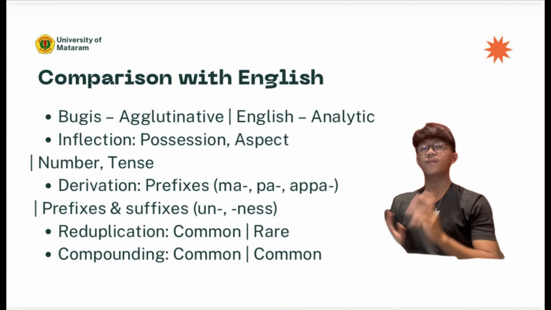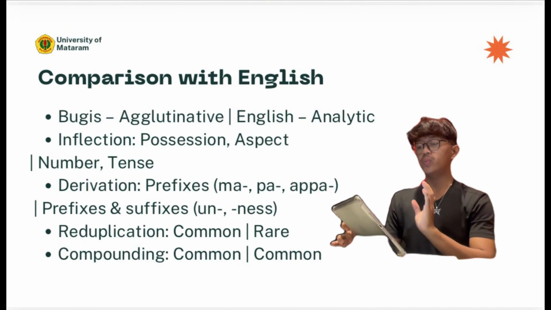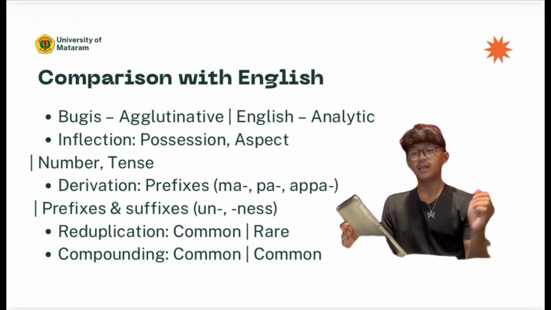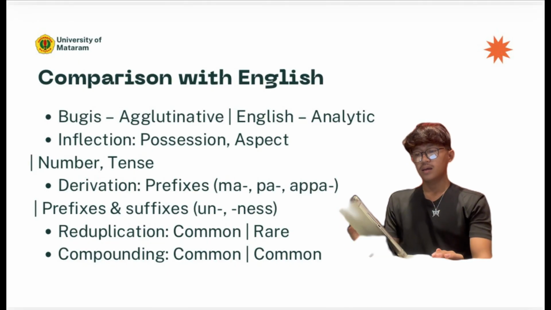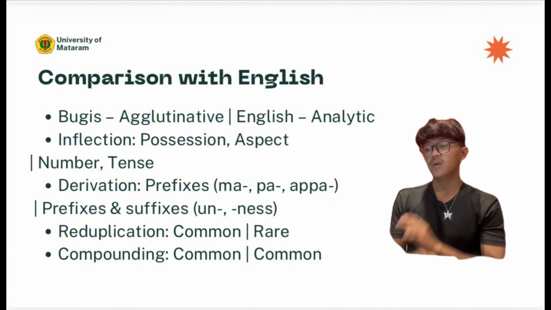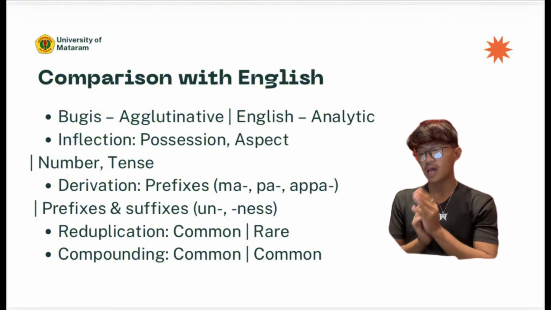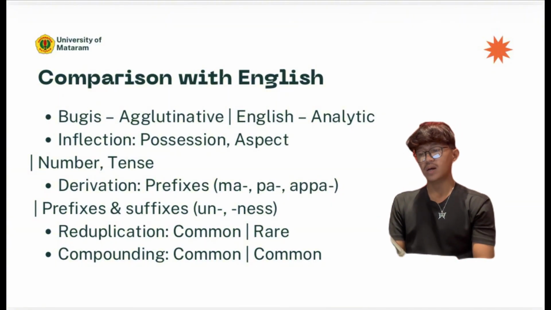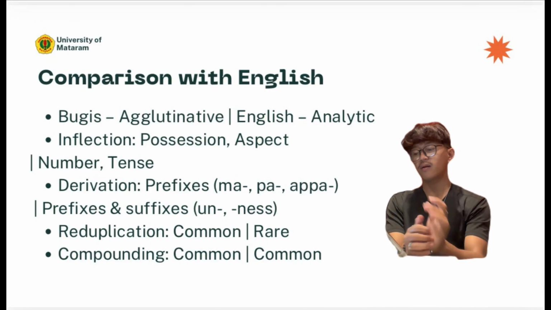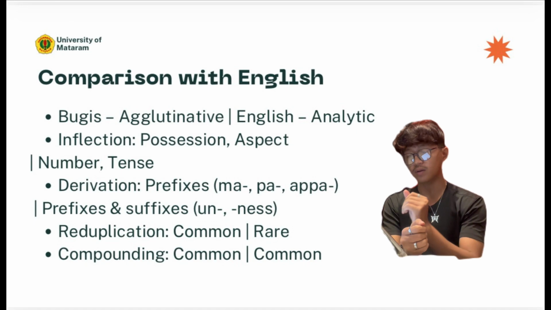Okay, comparison with English. Bugis is agglutinative and English is analytic. The first one is inflection. Bugis marks possession and aspect, but English marks number and tense. The second one is derivation.